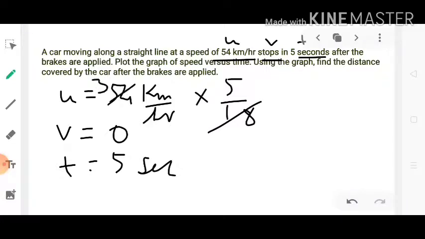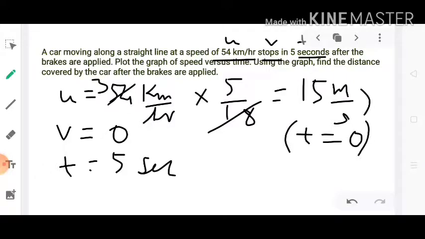Time is given in seconds, so let's very quickly convert the value of initial velocity into meter per second by multiplying with 5 by 18. So initial velocity is 15 meter per second, final is 0, and time is 5 seconds. These three values have to be used while plotting the graph. At time 0, speed is 15 meter per second, at time 5 seconds, speed is 0.